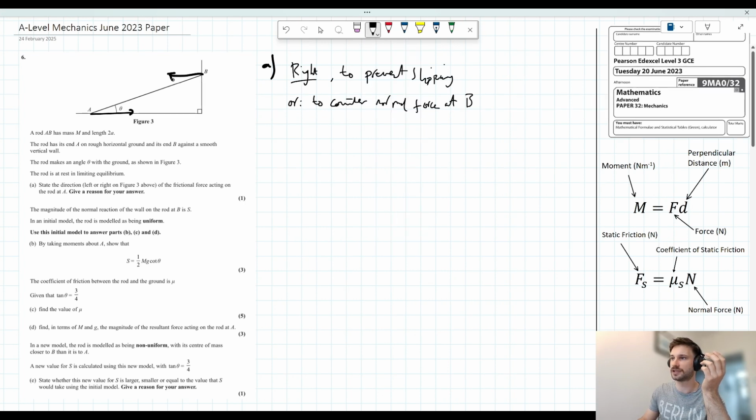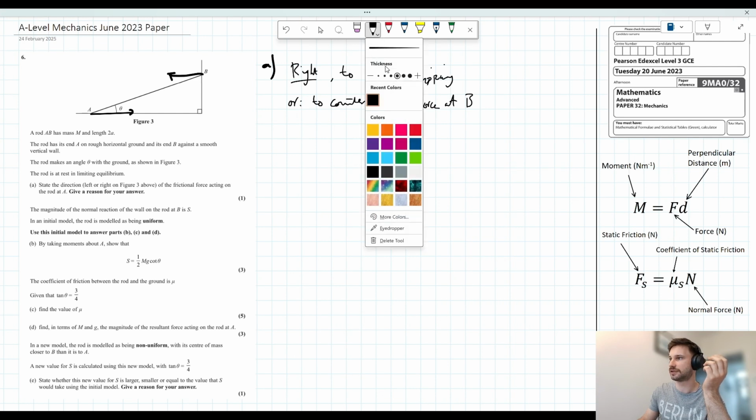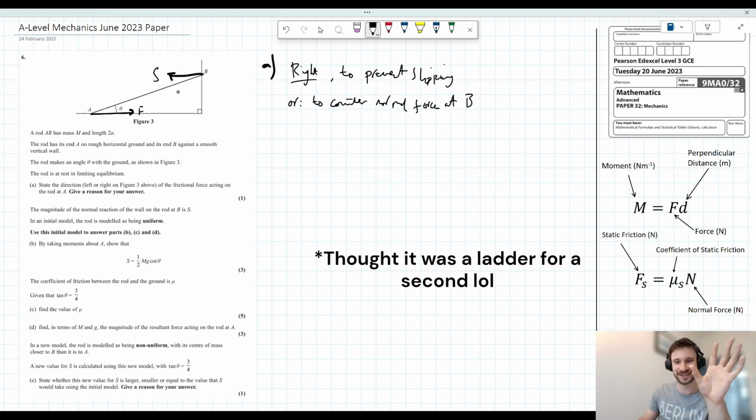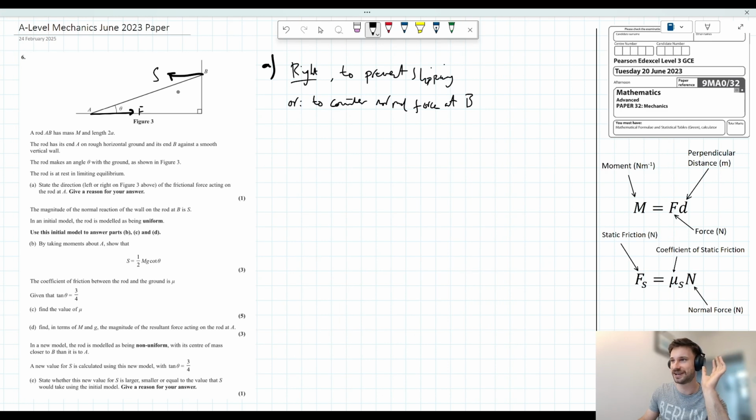We're calling this down here F and we're calling this up here S. So this is S here and this is F. So you can see how the rod is in horizontal equilibrium, right? F is counteracting S here.